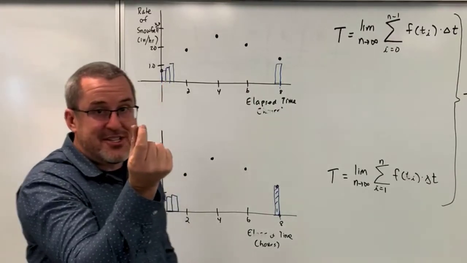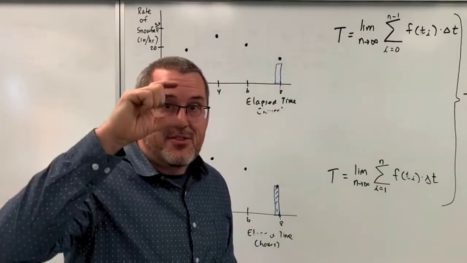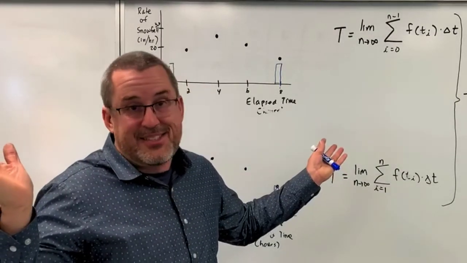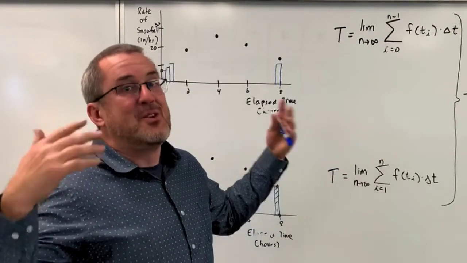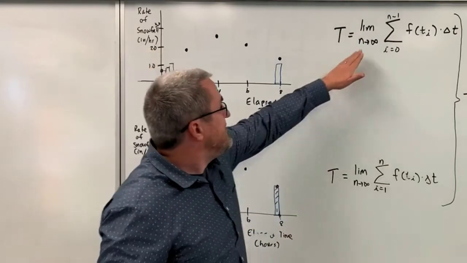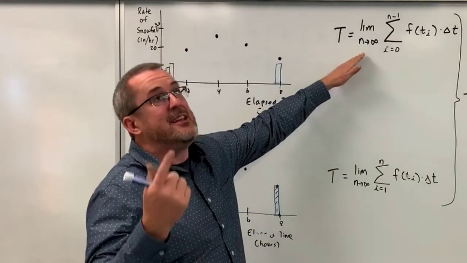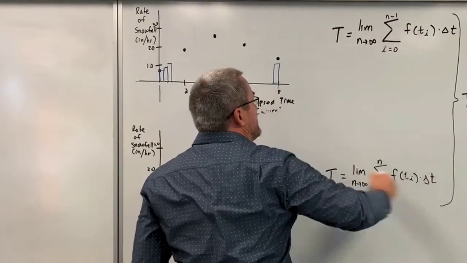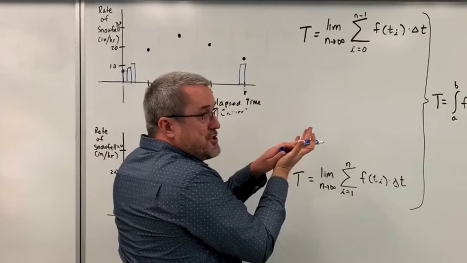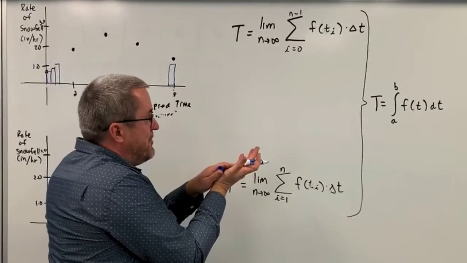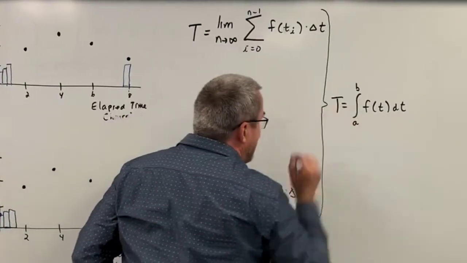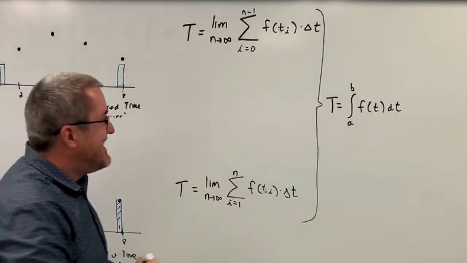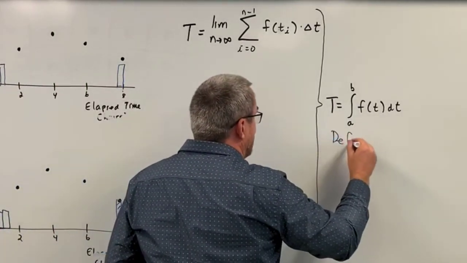If we have a change in time that's so infinitesimal, the corresponding rate will be the same on either side. So when we theoretically have infinitely many rectangles that are infinitesimally thin, then what we say is that these two sums will converge to a single value. And we express that using this notation over here. This is called the definite integral.